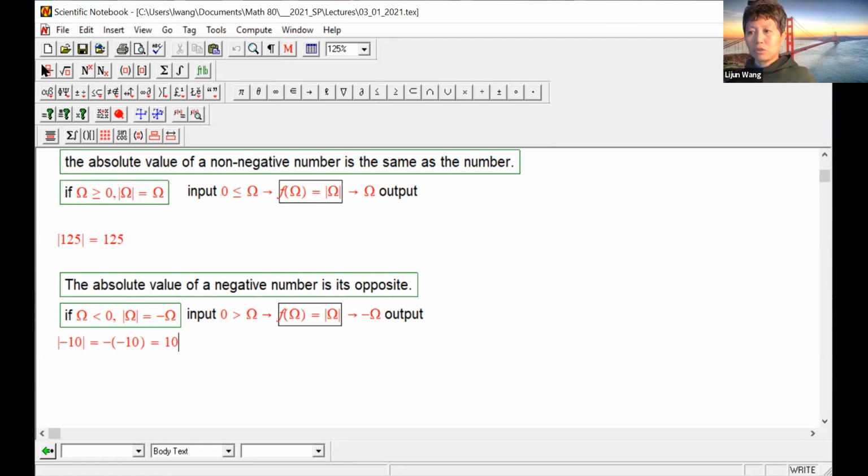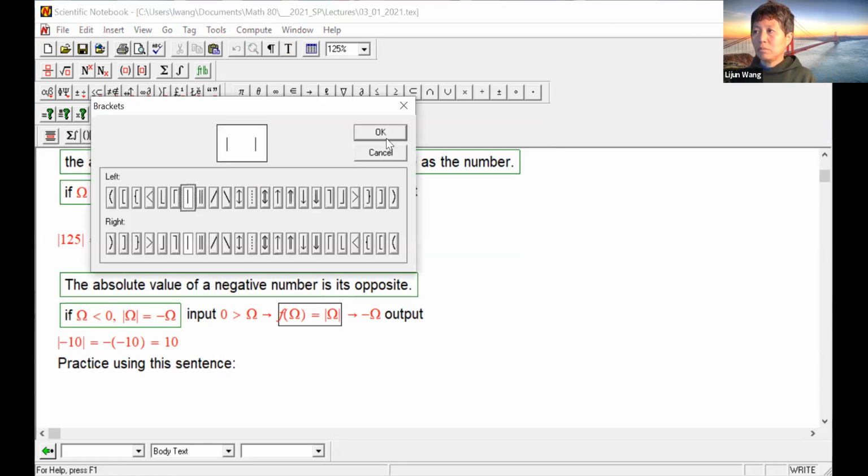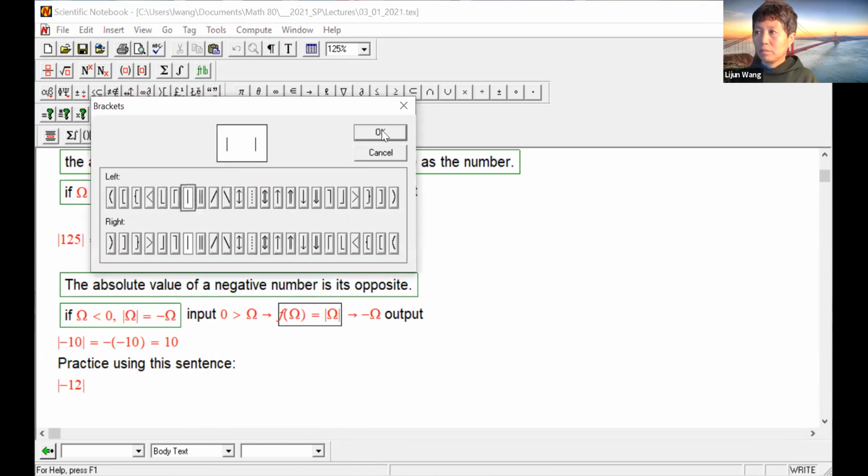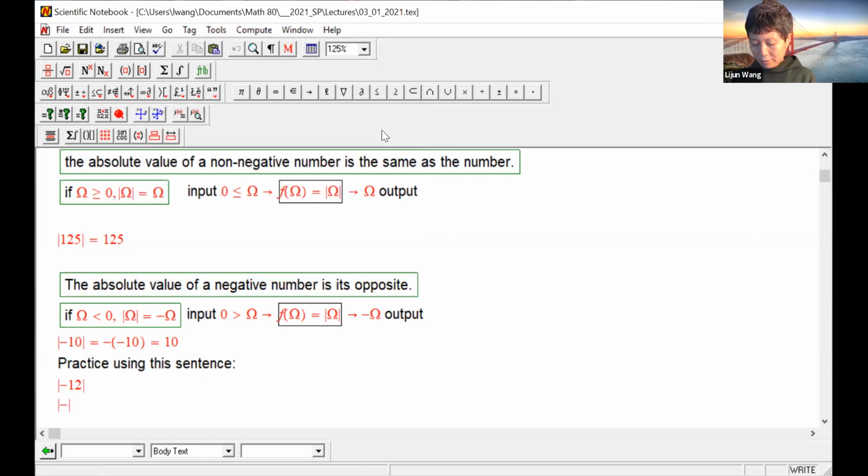So now I want you guys to practice using this sentence. Okay, you guys ready? The absolute value of negative 12, the absolute value of negative 36.